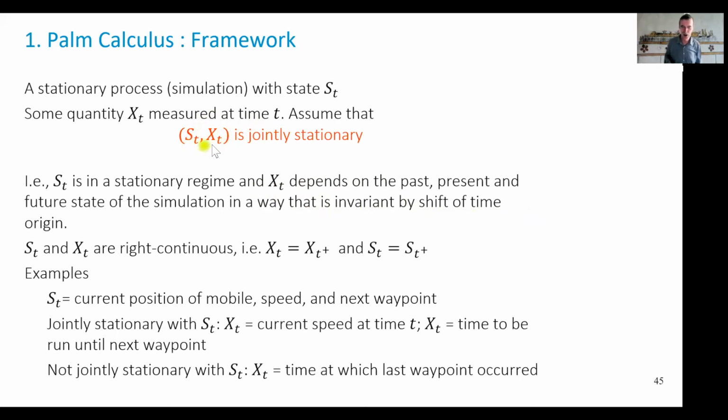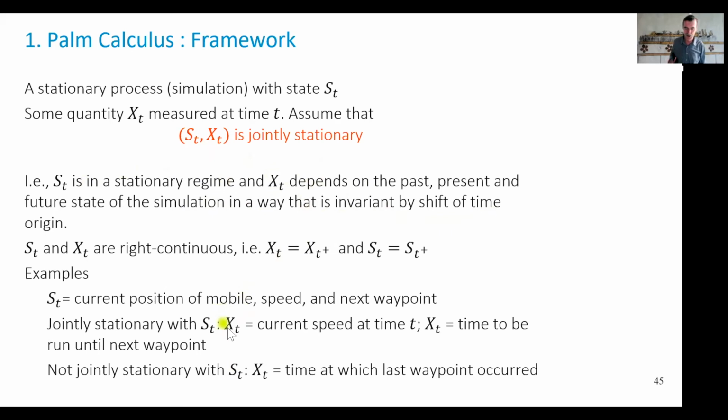If I shift time by 10 years, the X that I would see 10 years ago is the same as the X I would see now, or the same algorithm would produce the same X here. So it depends on the simulation state in a deterministic way that is invariant by shift of time origin. It may depend not just on the current state but on the complete history and future of the simulation, but in a way that's invariant by shift of time origin.